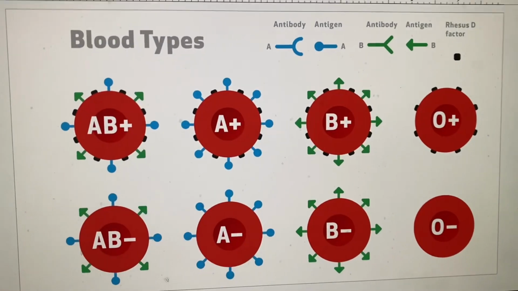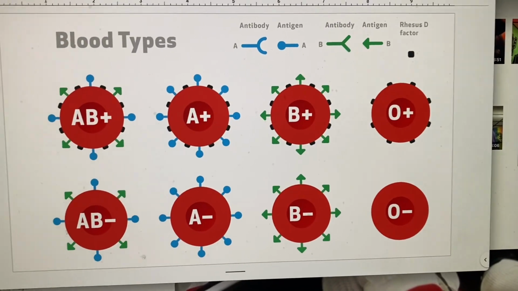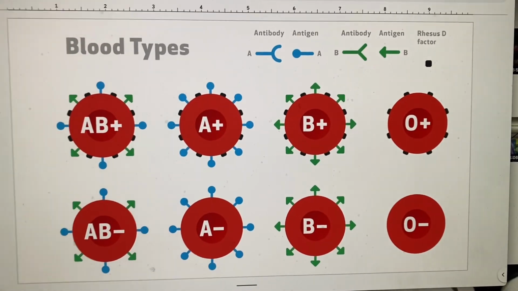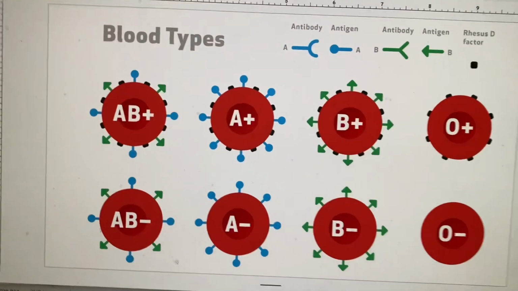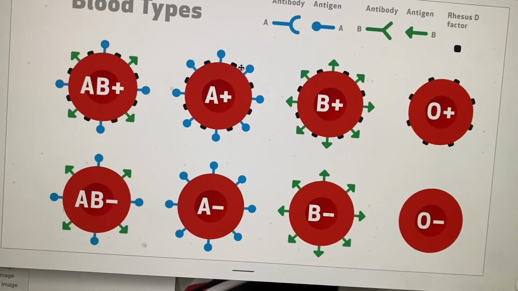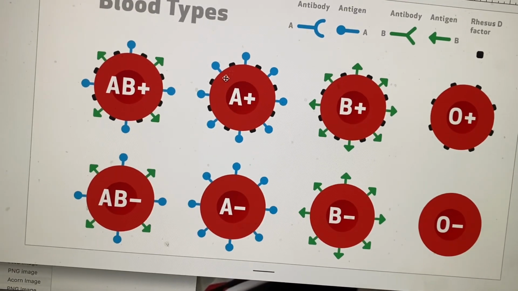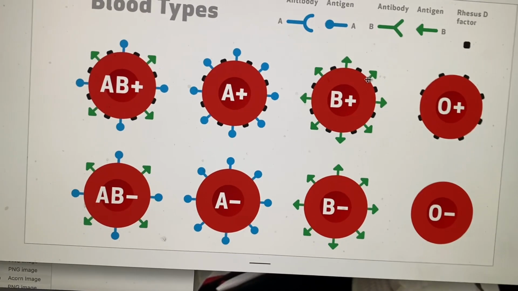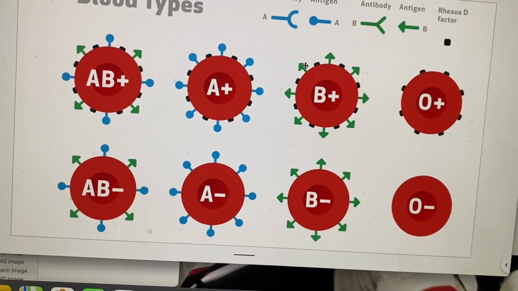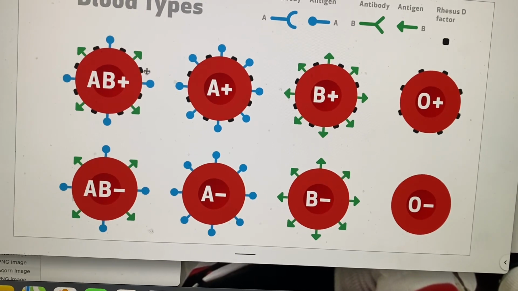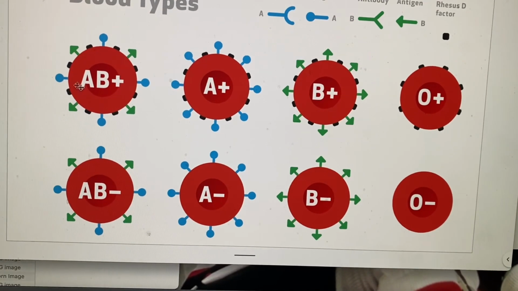An example of this is blood types. Blood types are based on the antigen markers that are sitting on the outside of cells. If you have the A antigen, we say you're type A. If you have the B antigen, we say you're type B. If you're AB, you have both A and B markers on your cells.